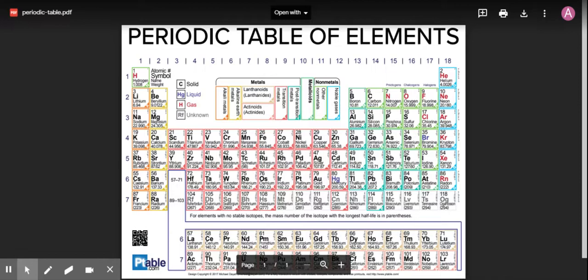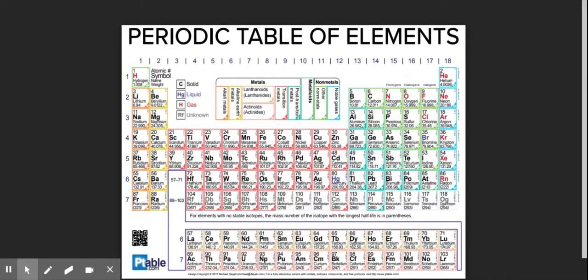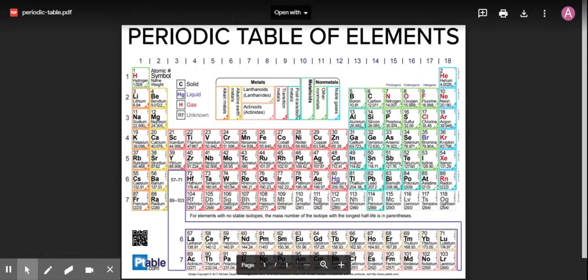And I say period 4 here because the rows going across are periods. And you'll notice that I've got these whole rows that are filled in, but up here, there's this big old gap, right? So we'll learn a little bit more about that later on.